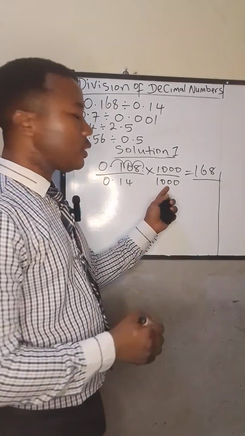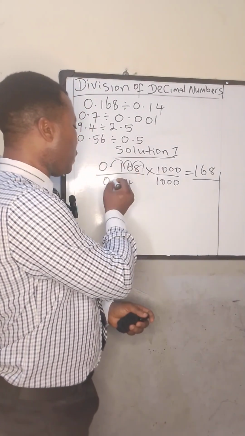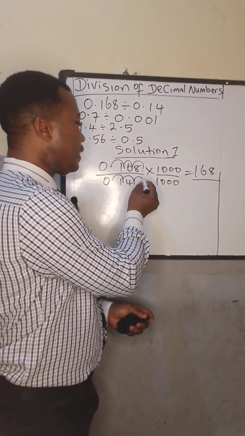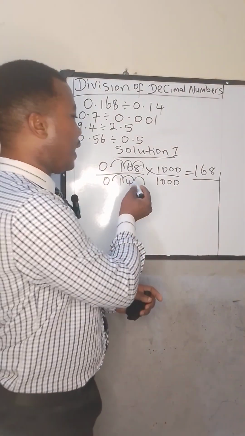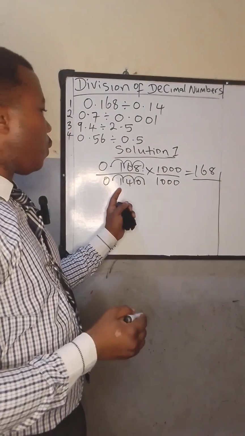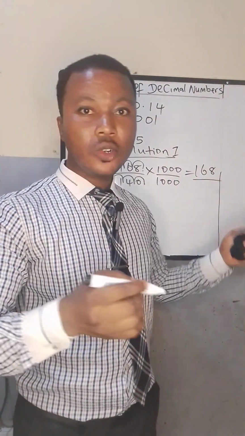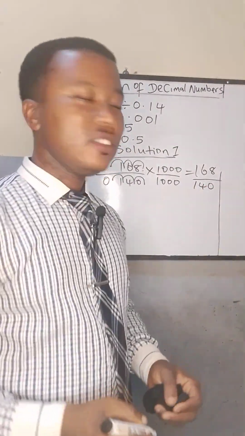Here, this one has 3 zeros as well, so we make 3 moves, like the first one: 1, 2, and 3. Our point has been moved here, but nothing is here, so we have to add 0 here. We are now having 0140, which is also 140. We have 100 and 40. So let's divide this.